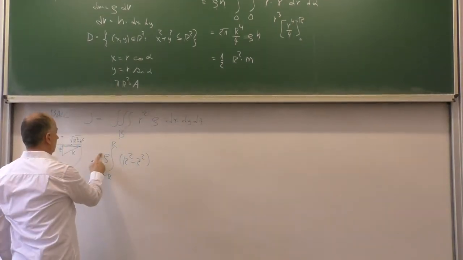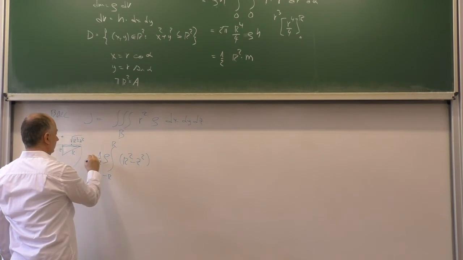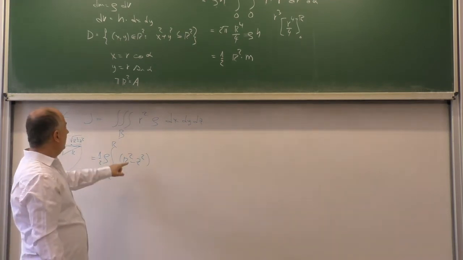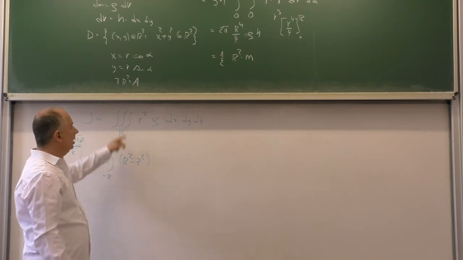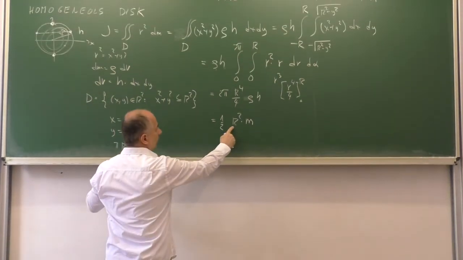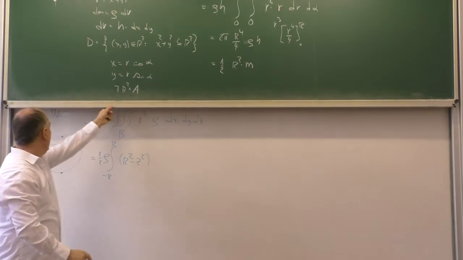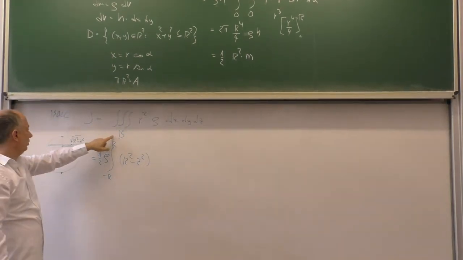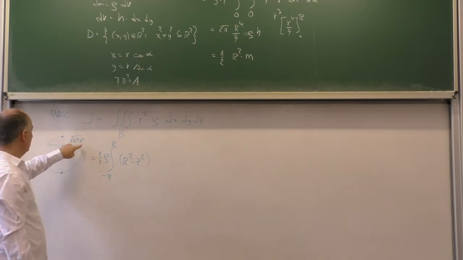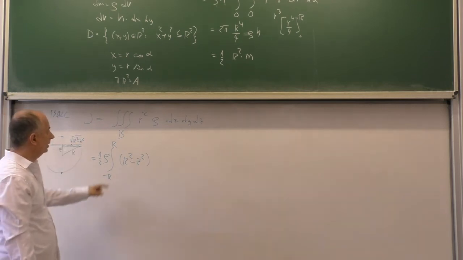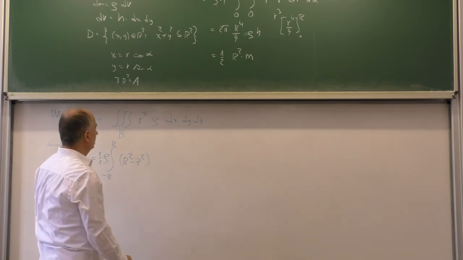So 1/2. This is the square of the radius of the disk. Remember that here r was the radius of the disk, and here capital R is the radius of the ball. And this square root is the radius of the disk. Rho is out.